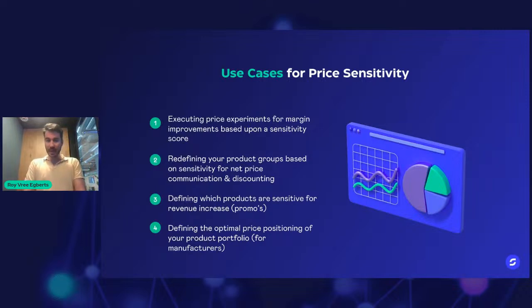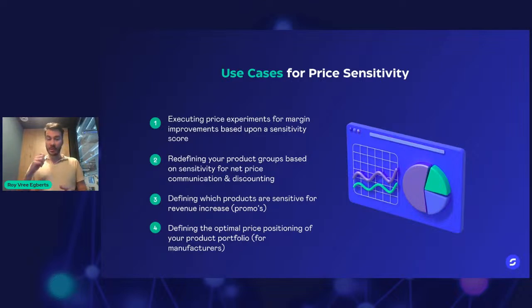The second one is redefining your product groups based on sensitivity for net price communication and discount. Think in this case more specifically of a B2B scenario: am I giving the right discount to the right customer? What we see happening a lot is that for the full product portfolio, a customer group gets discounted 5%, 10%, 20%, whatever.